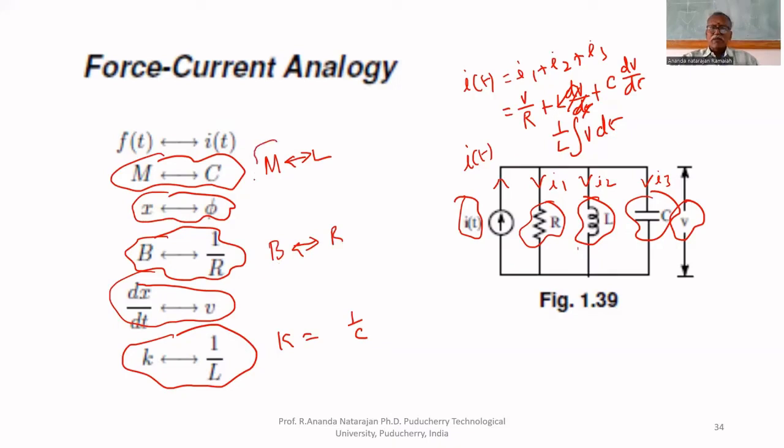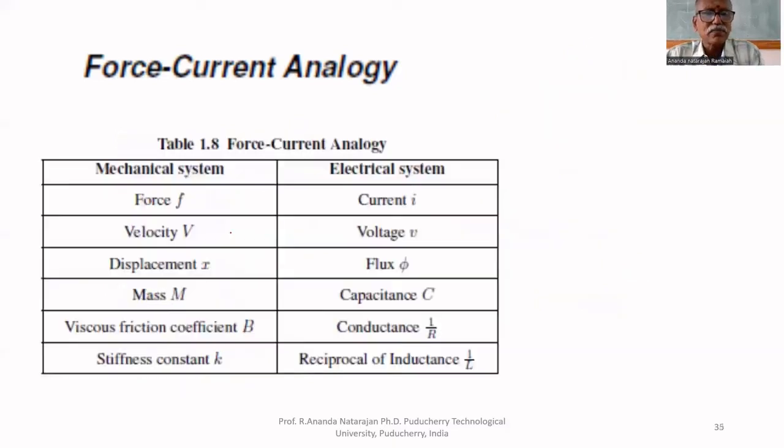So wherever you find M, replace by C. Wherever you find B, replace by 1 by R. Wherever you find K, replace by 1 by L. You will get the electrical force current analogy.